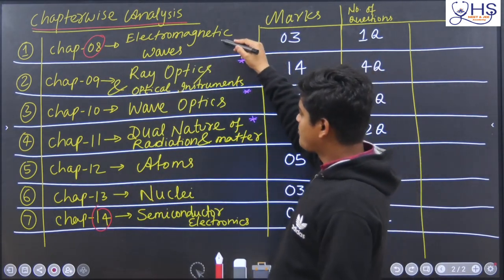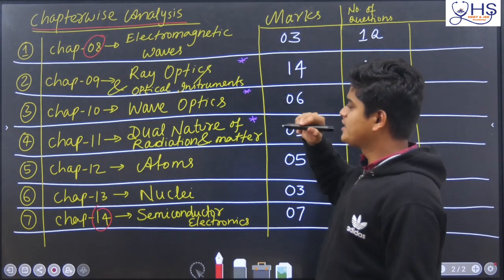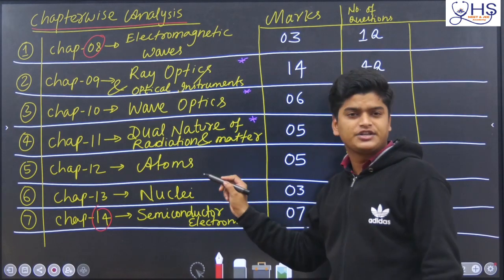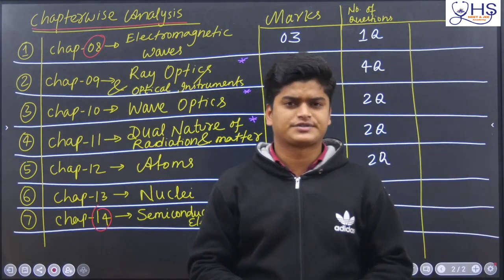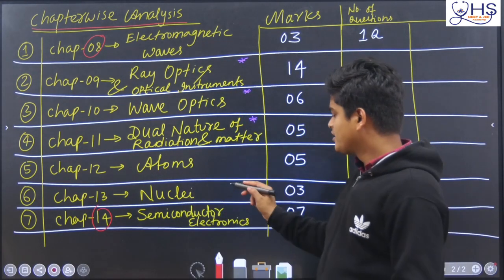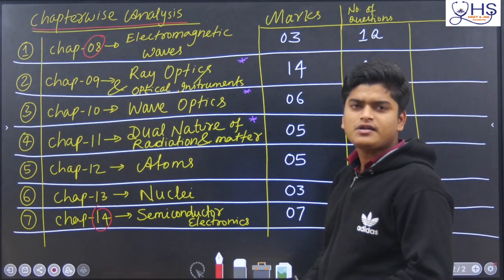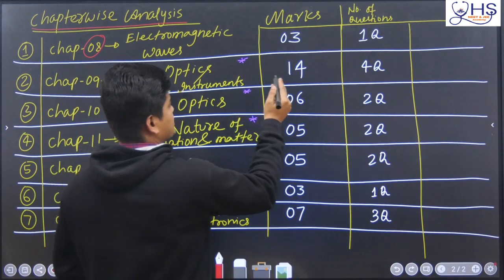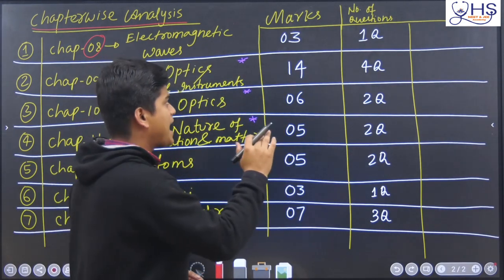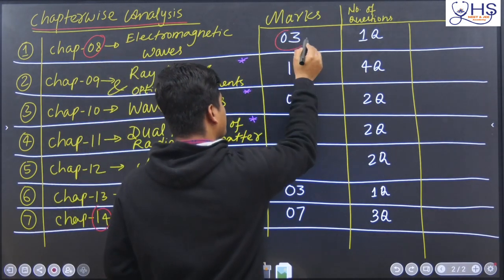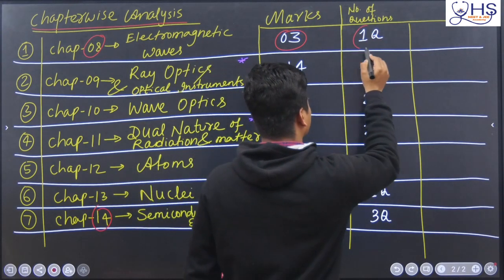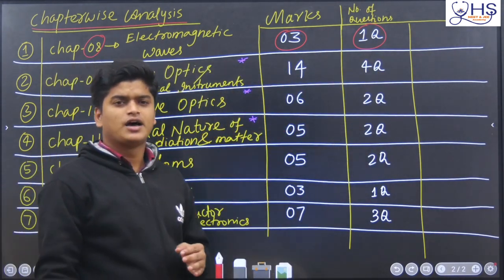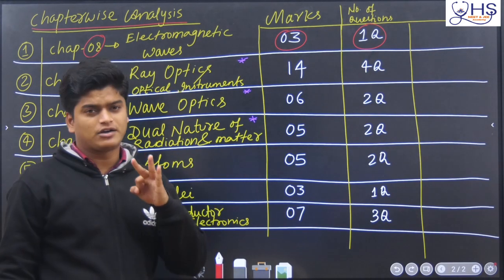Electromagnetic waves, ray optics and optical instruments, wave optics, dual nature of radiation and matter, atoms, nuclei and semiconductor electronics. From electromagnetic waves, in the sample question paper they have asked only 1 question of 3 marks. In this 3 mark question, 3 subparts were given.